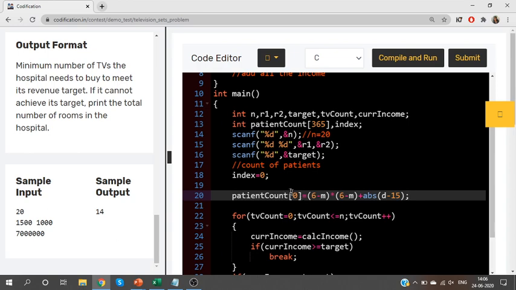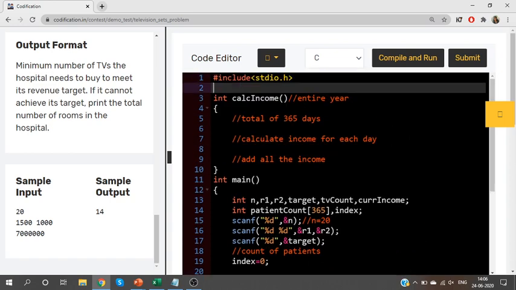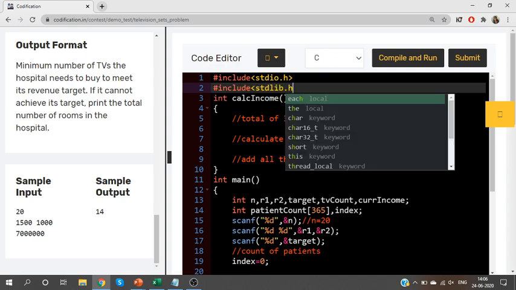You can calculate the patient count of any index, not just the 0th index. For any index, (6 minus m) into (6 minus m) plus absolute value of d minus 15. Since I am using the absolute function here, I need to include the header file stdlib.h, the standard library header.